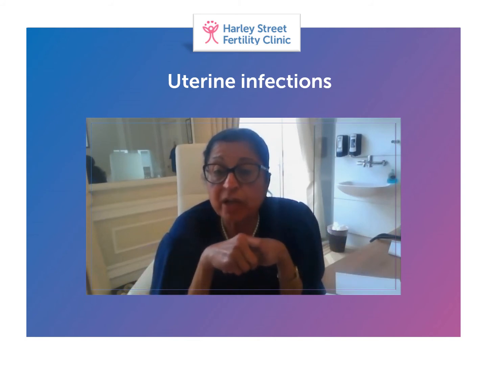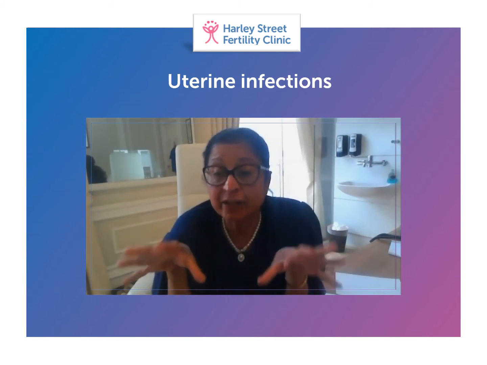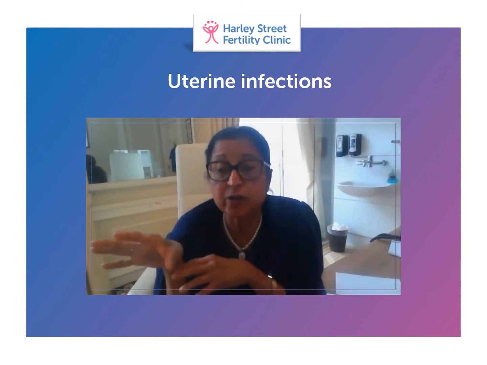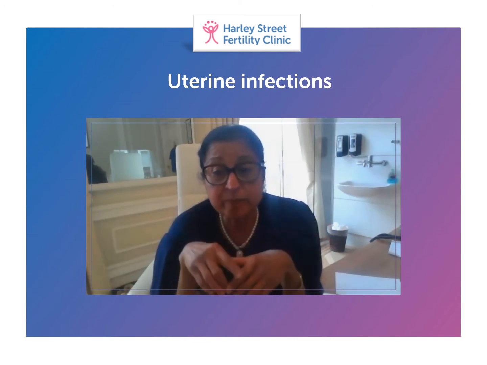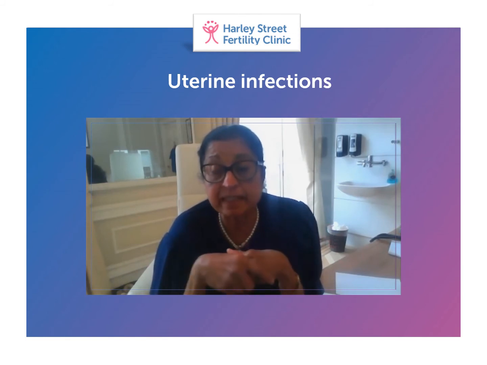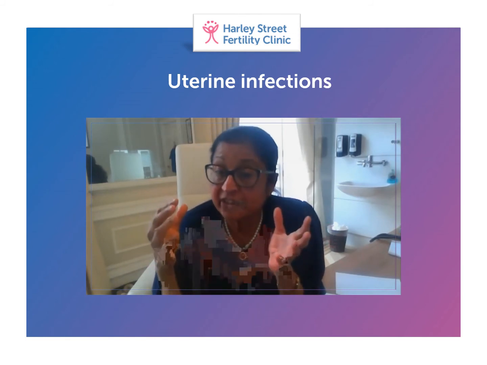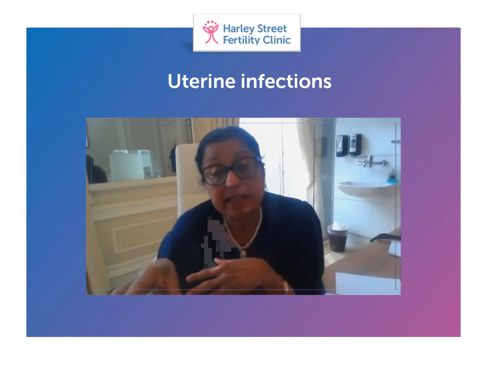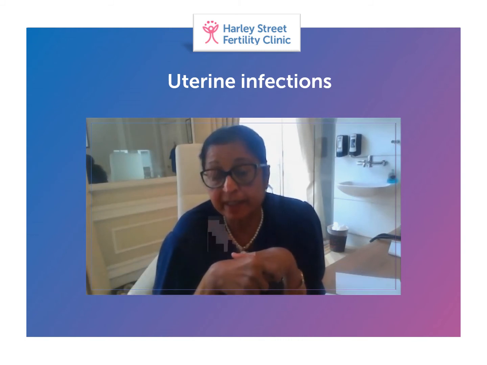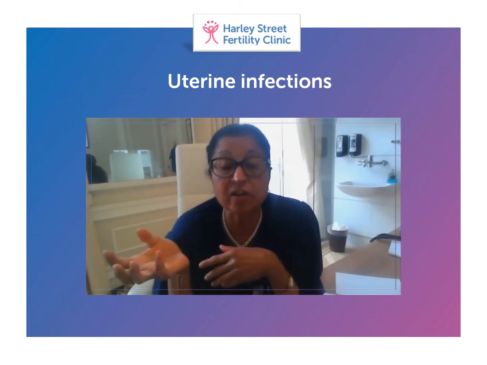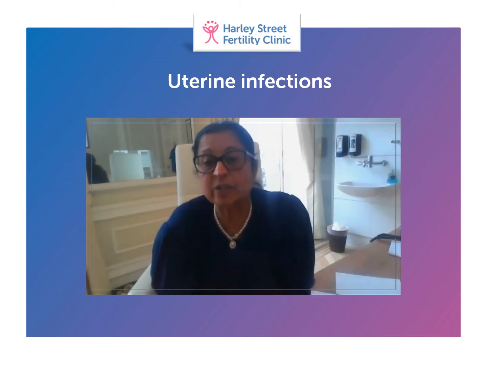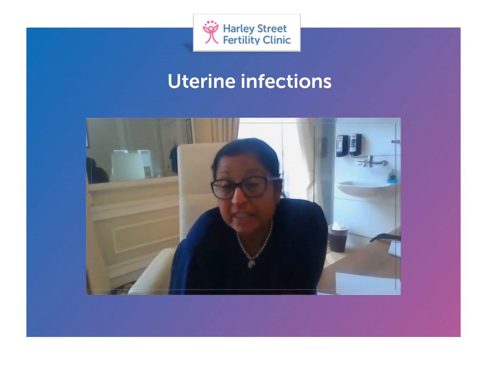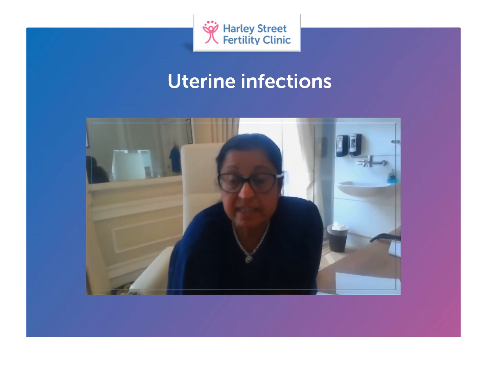The uterus is supposed to have 90% lactobacillus. Lactobacillus is the good bacteria which helps with the implantation. If the lactobacillus is less than 90%, then the implantation rate will be lower. Especially if somebody has got pathogenic bacteria, that means harmful bacteria, then the concentration of the lactobacillus will go down. By doing this EMMA and ALICE test, we will know whether such a thing is happening in the uterus.